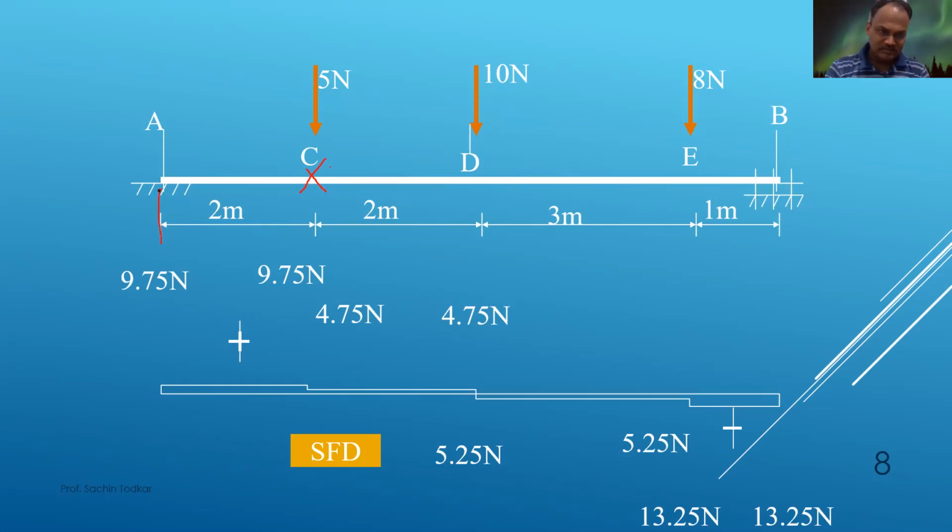You will see this force is in upward direction, and that's why this beam will show a sagging kind of diagram.